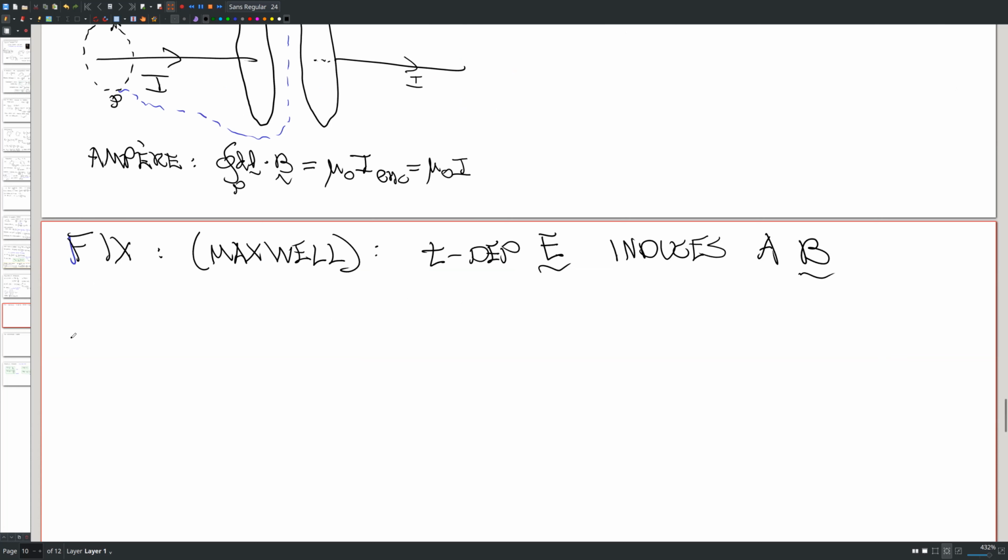So the time-dependent E term that needs to be added turns the Ampere equation into the following. The curl of B is equal to mu 0 J plus mu 0 epsilon 0 dE dt. And this is the Maxwell term.